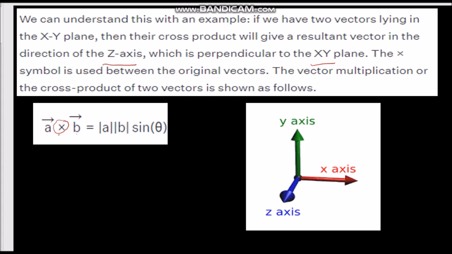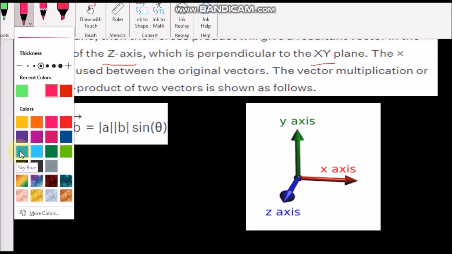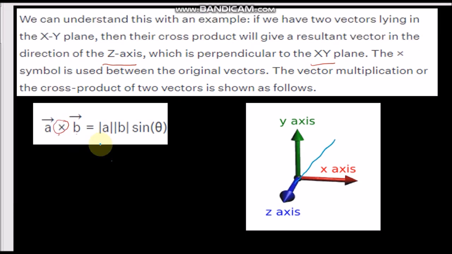For example, the blue one is perpendicular to the y and x axes. So the xyz axes are perpendicular to each other, 90 degrees, 90 degrees, 90 degrees, all.